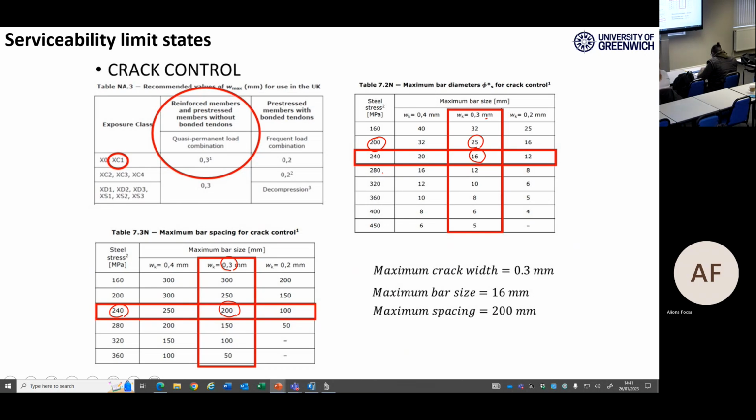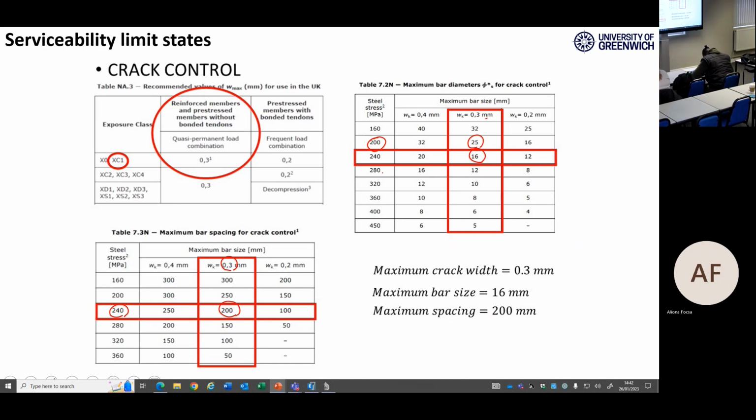If it influences your result, just go back and, for example, increase or decrease the bar size or the spacing, if it affects you. But if you check these criteria and it's okay, it's okay. Just show that your design complies with this kind of criteria.